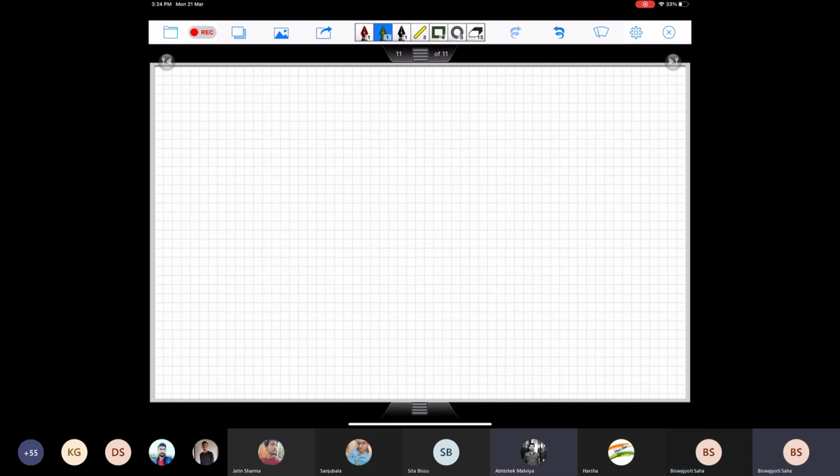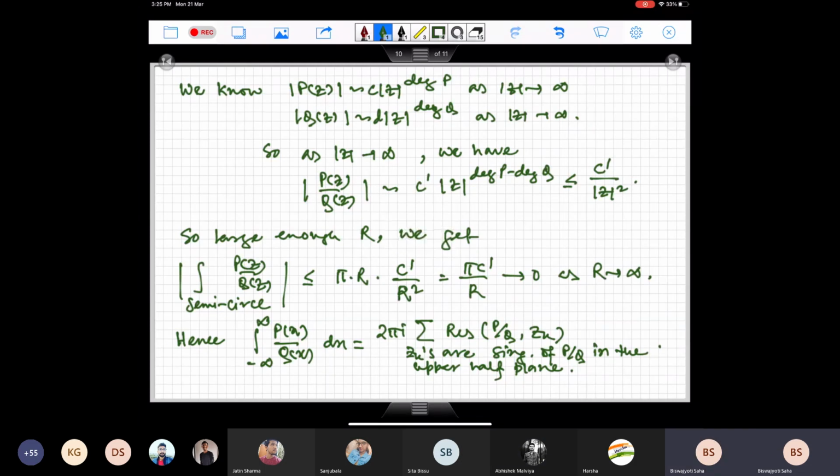Is it an infinite sum? Yeah, this could be an infinite sum, no issues. But if the sum is infinite, it might look like that, but your q is a polynomial. So how many zeros will it have? Finitely many zeros. So p upon q is going to have only finitely many poles, right?